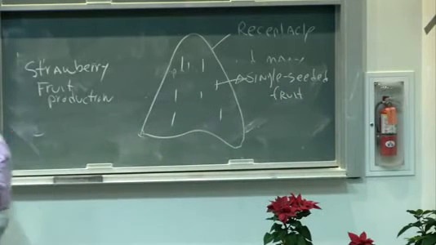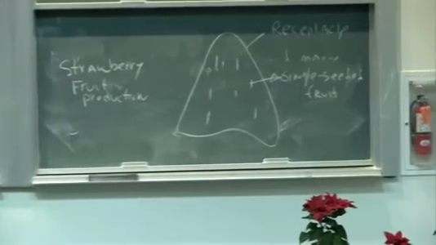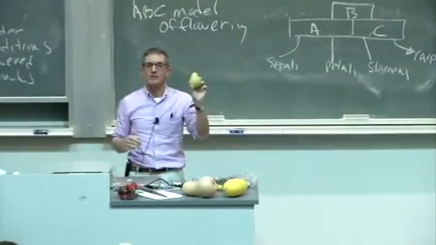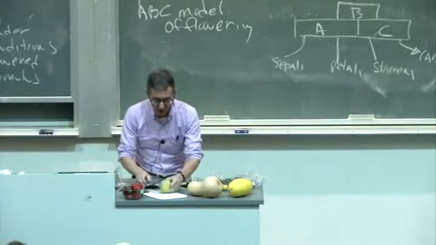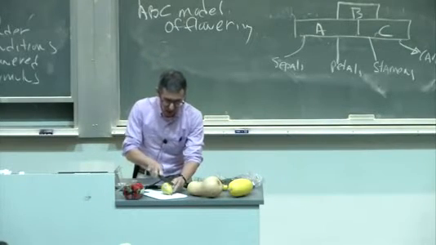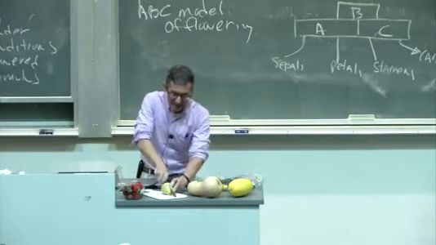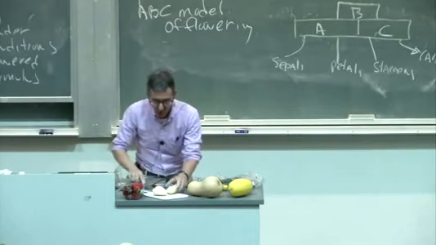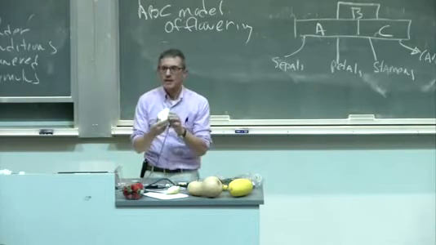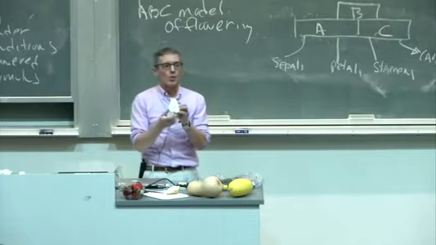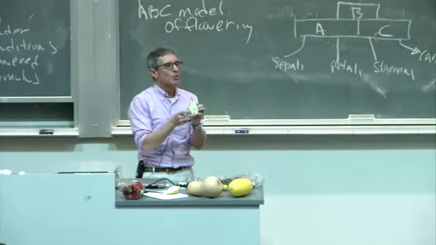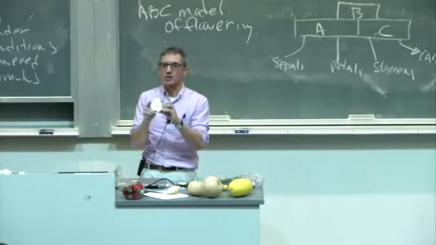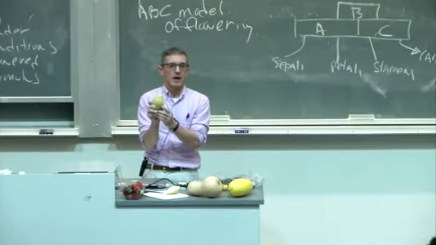Now, the first thing which individuals noticed when they began to study fruits is they were interested in understanding something about the shape and the size of the fruit. And one of the first observations which were made was that when you tried to understand something about the shape of the fruit, what you found is that the placement of the seeds was in the region where the fruit was largest, in this particular case, the pear.